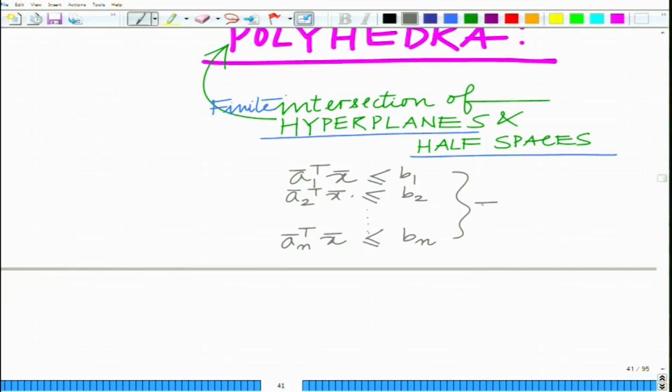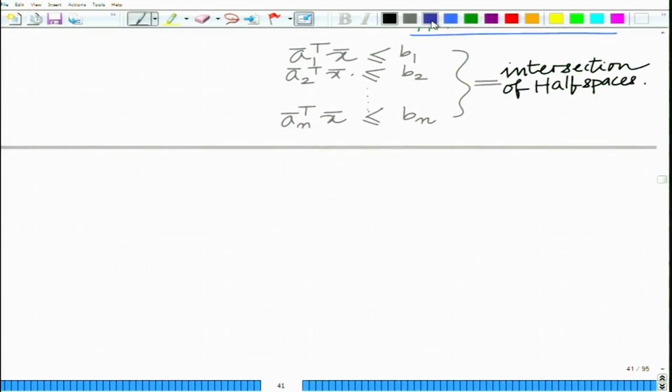This is an intersection of half spaces. I can write this as follows. I can concatenate these in a matrix: A1 bar transpose, A2 bar transpose, up to An bar transpose, times x bar.